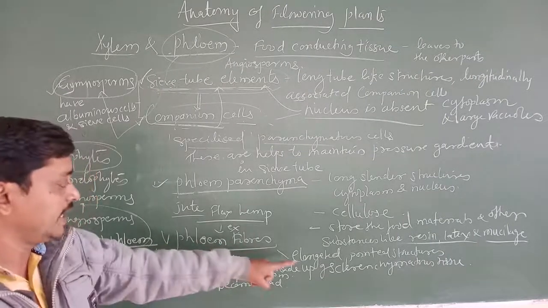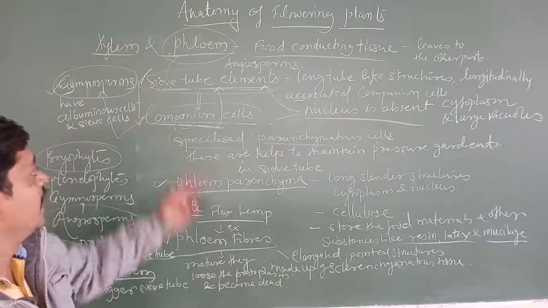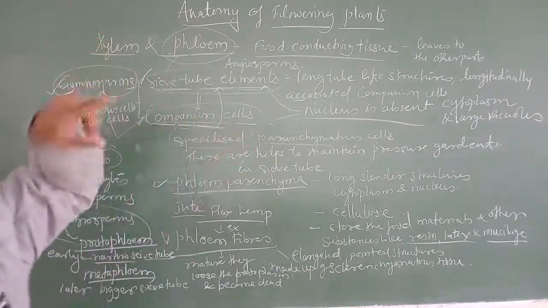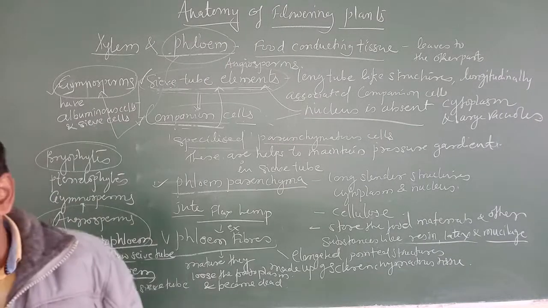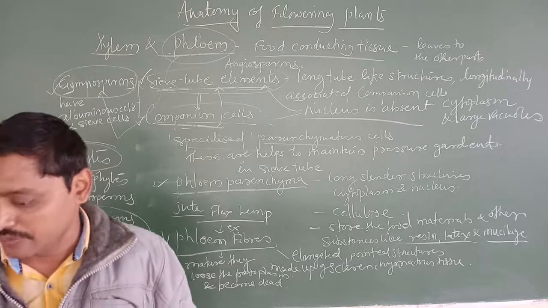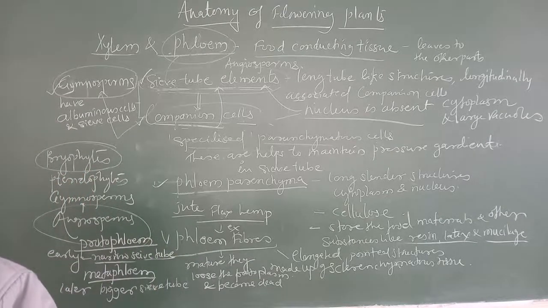Companion cells are specialized parenchymatous cells. That is also very important. So this is today's class regarding the complex permanent tissues, in that the phloem.